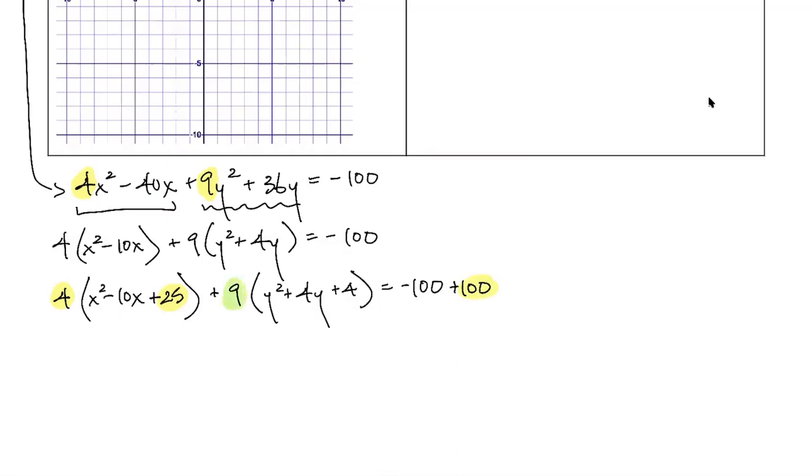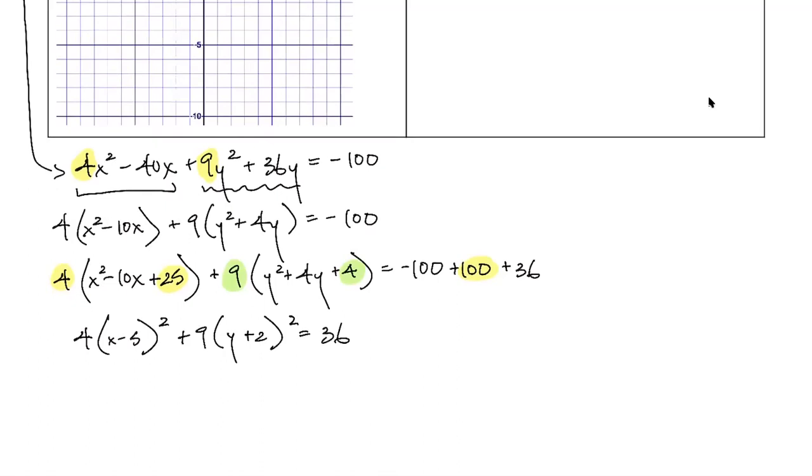Yeah, because 9 times 4 means I have to add 36. Okay? So this is going to give us 4 times (x minus 5) squared plus 9 times (y plus 2) squared equals 36. The last thing we want to do is divide everything by 36 so that we make our whole equation equal to 1.